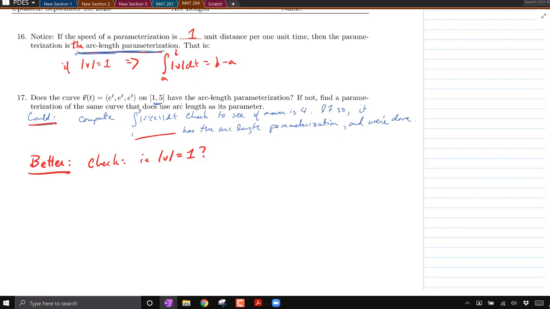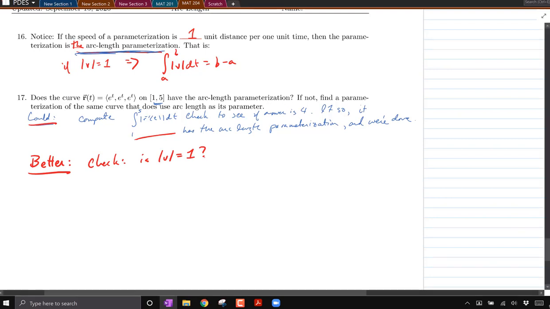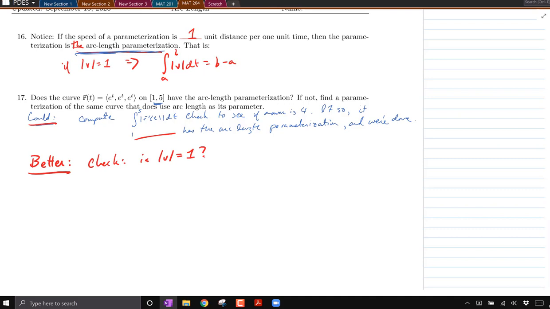We've seen plenty of functions where the velocity changes with time and the magnitude as well changes with time. So what we're saying here is Dustin was exactly correct in that we want to check to see whether or not the magnitude is a constant, but more than that, we want to check to see whether that constant is 1. So let's go ahead and check this.